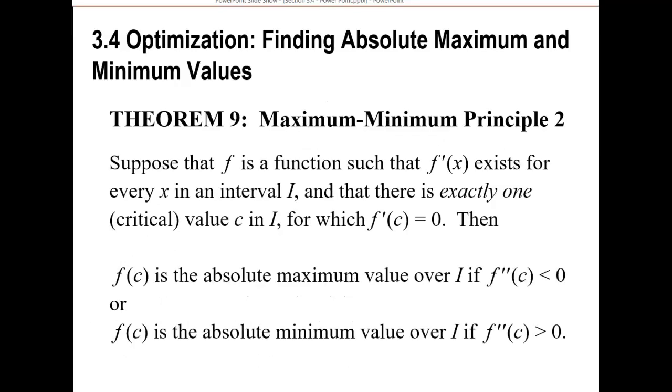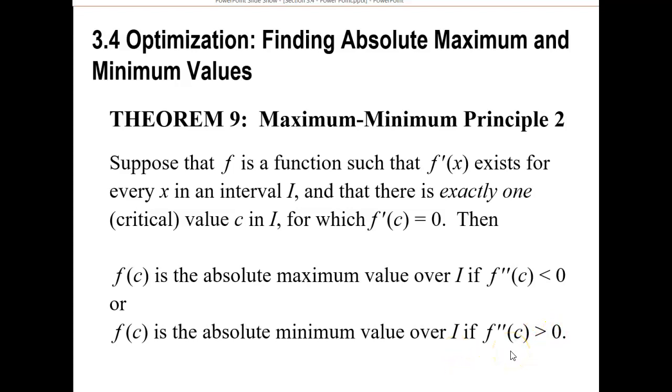All right, principle 2 says, suppose that f is a function such that f prime exists for every x in the interval, and that there is exactly one critical value for which f prime is 0. So if you only have one critical value to consider, then that critical value is an absolute max if the second derivative is less than 0, meaning if the graph is concave down at that point, and it is an absolute min if the second derivative is positive or greater than 0, meaning concave up.